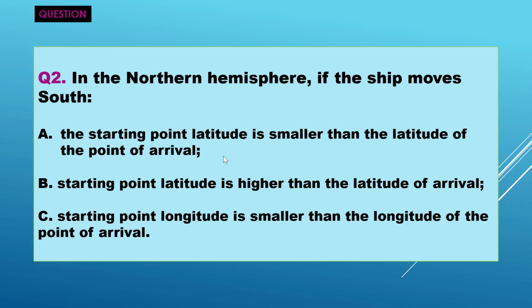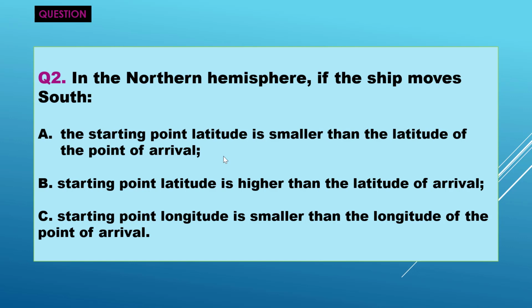C, starting point longitude is smaller than the longitude of the point of arrival. Again, we are seeing longitude concerning a northern hemisphere question. So longitude is for west and east. So C is already out of the question. We are left with A and B. So which of them will be the correct answer?